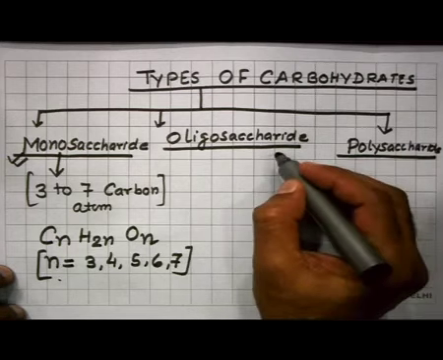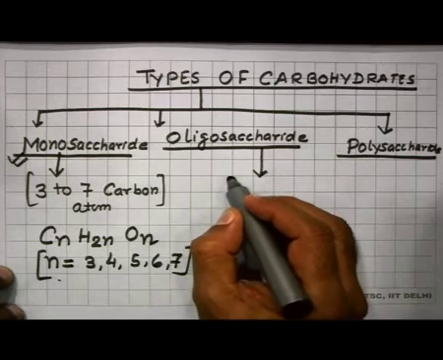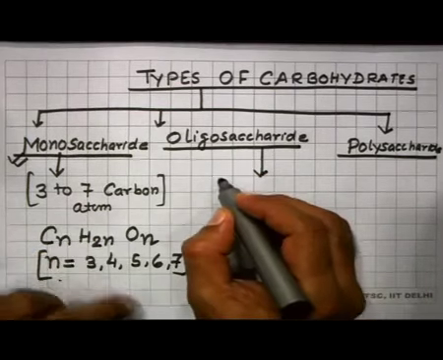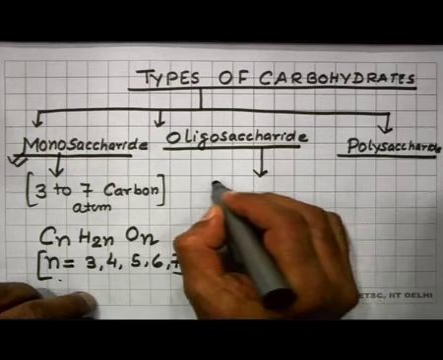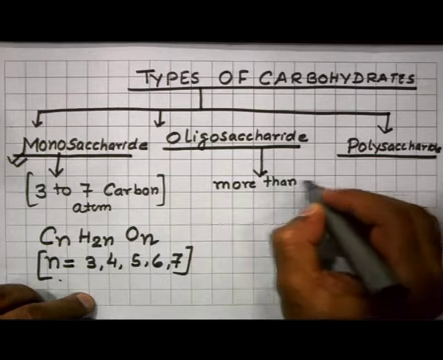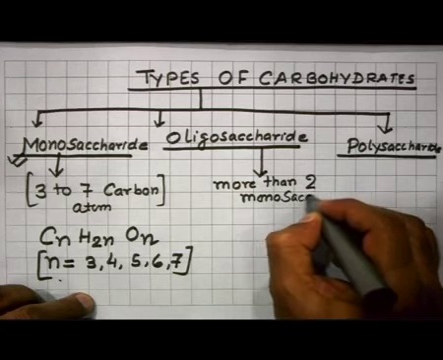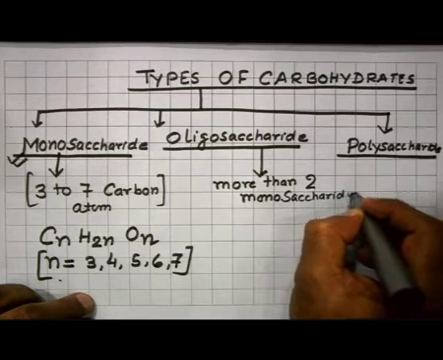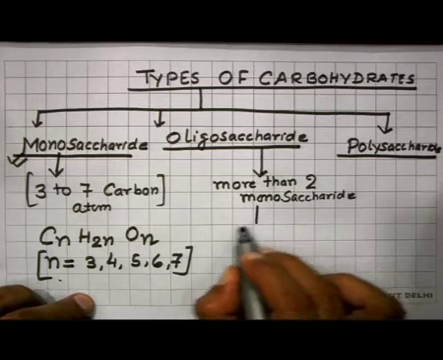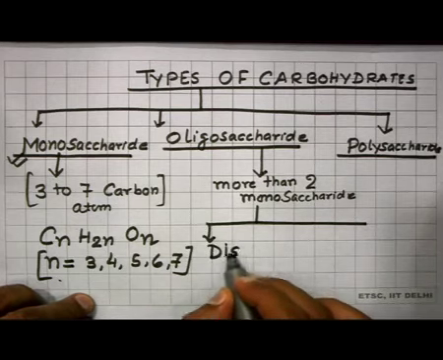Now, oligosaccharide. When an oligosaccharide is split, it gives more than 2 monosaccharides. On that basis, it has been classified into different groups. One is called disaccharide.